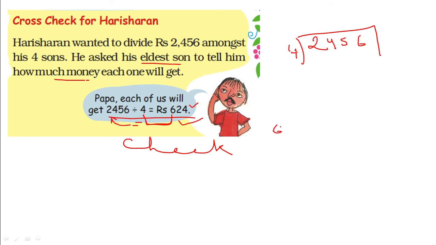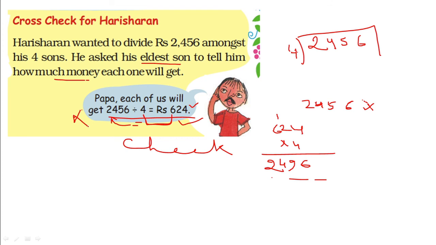So 624 multiplied by 4 should be 2456. 4 4s are 16, 1 carried. 4 2s are 8 and 1 is 9. 4 6s are 24. 2496, which is not equal to this, which means he has done this question incorrectly.